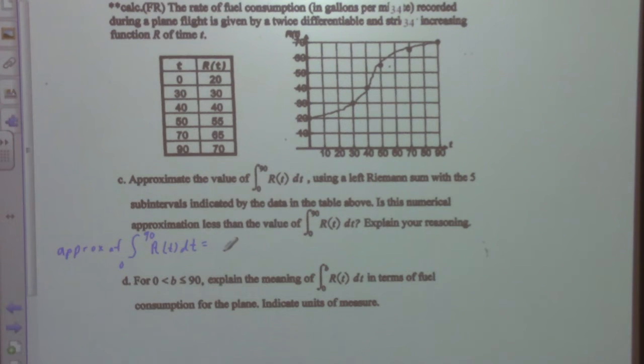So we have 5 subintervals: 1, 2, 3, 4, and 5. And then what are the units going to be? Gallons. Units are going to be gallons.